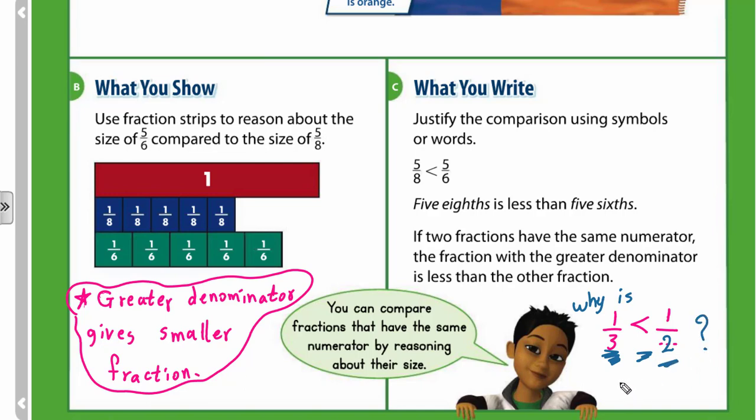And I want you to tell me the reason using strips. And the strips, as you know, I mean the drawing. If you use the drawing, you will see why 1/3 is less than 1/2.